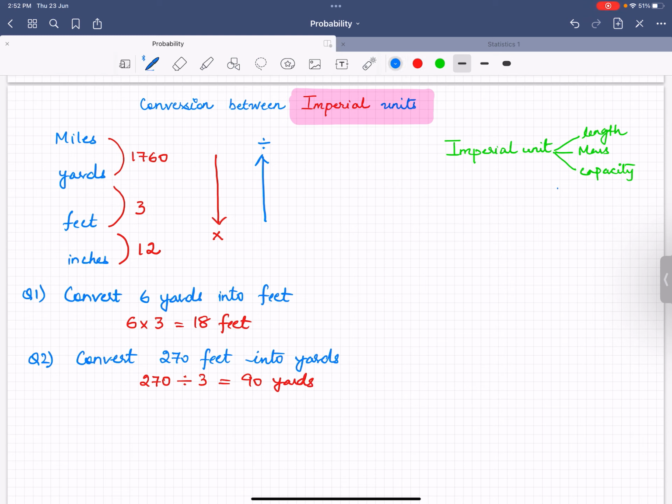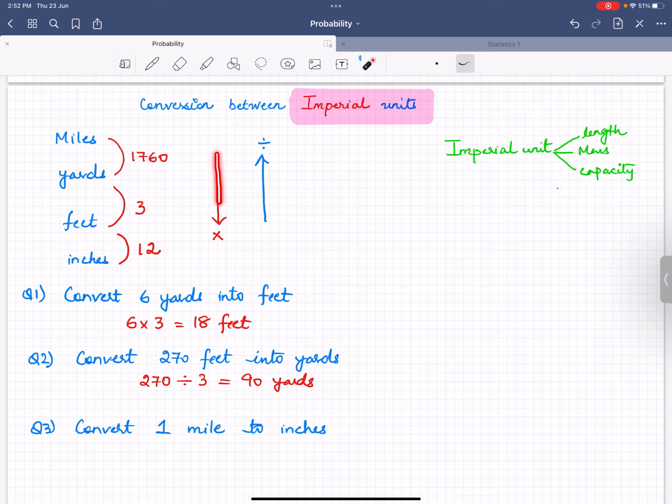Next question, question number 3. Convert 1 mile to inches. When we go from mile to inches, we are coming all the way down. So we are jumping 1, 2, and 3 steps down. So by what number should we multiply?